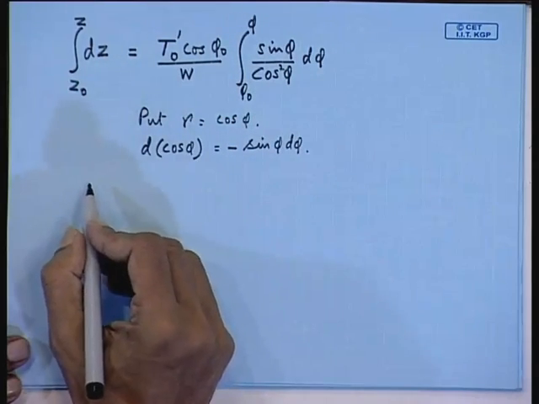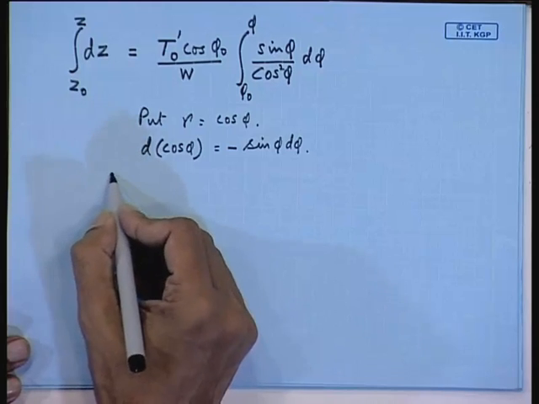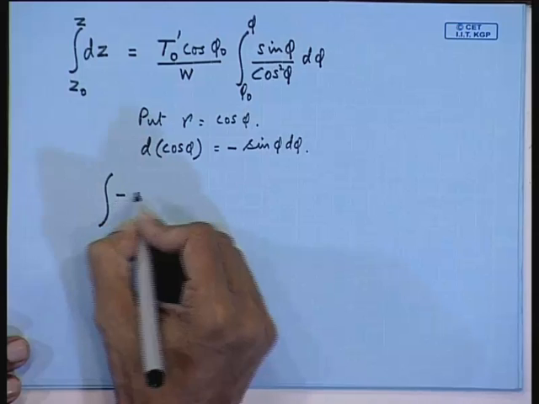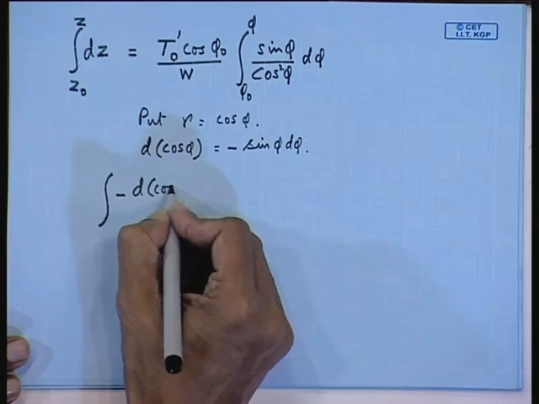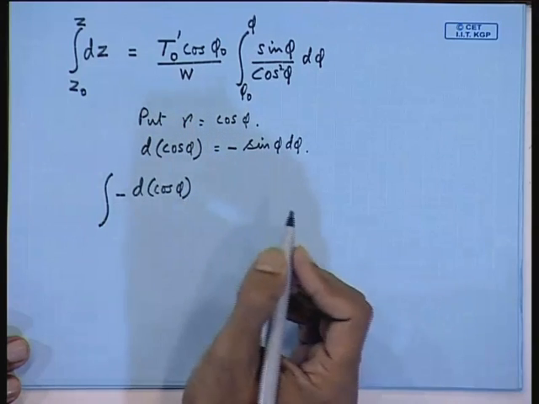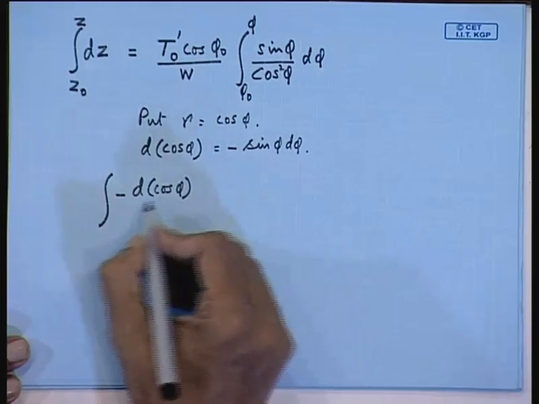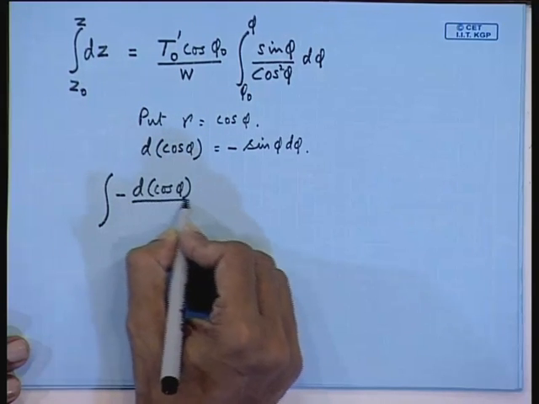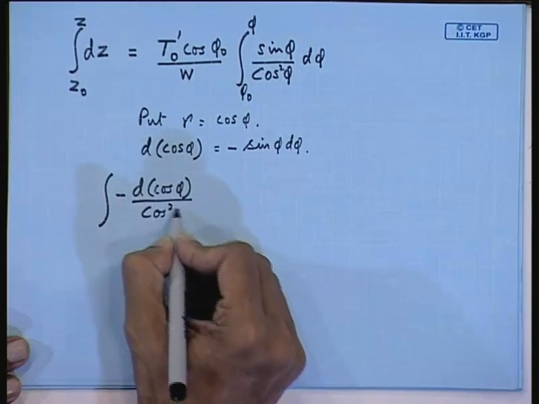This is the integral of minus d of cos phi over cos square phi.